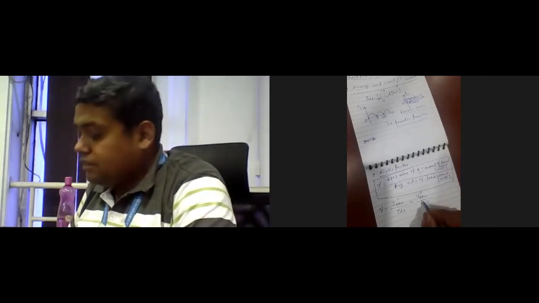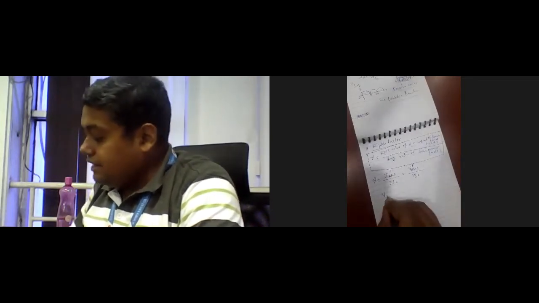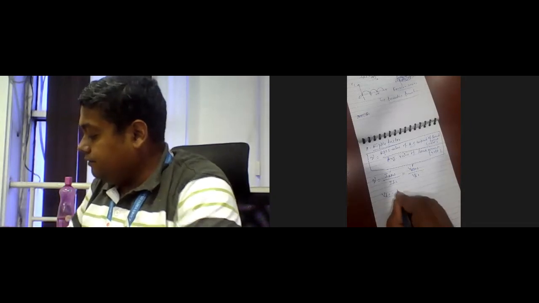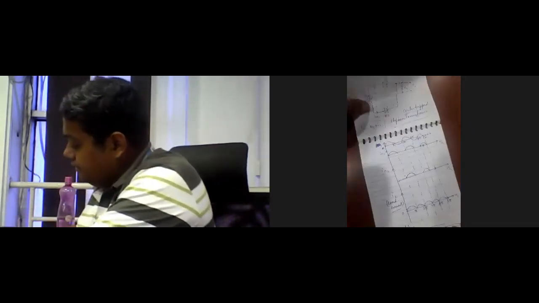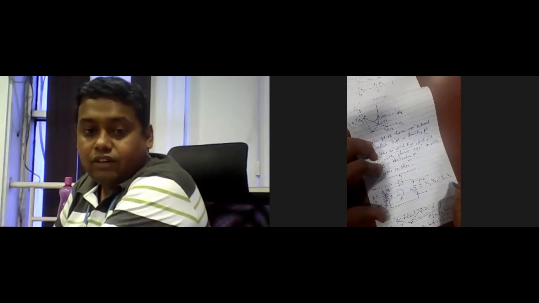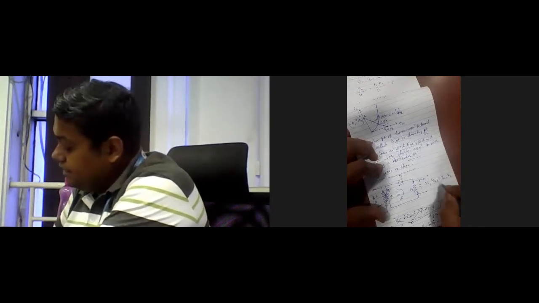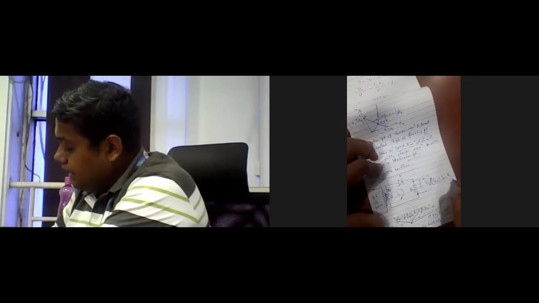So that is IRMS prime by IDC or VRMS prime by VDC. What is VDC? VDC is IDC into RL, as already defined in the rectifier circuit.